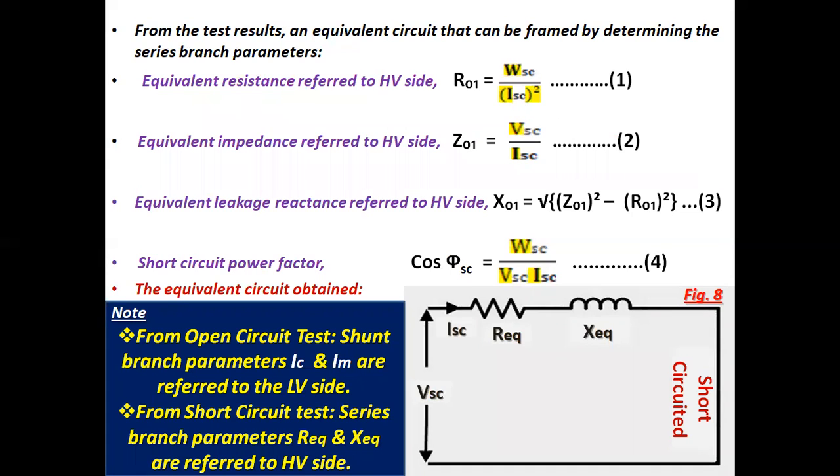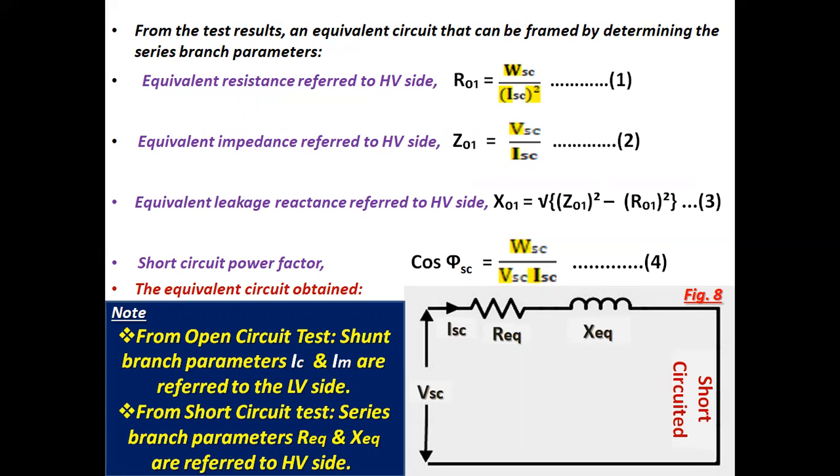One, equivalent resistance referred to HV side R01 is equal to WSC divided by ISC square. Equivalent impedance referred to HV side Z01 equals VSC divided by ISC. Equivalent leakage reactance referred to HV side X01 equals root over Z01 square minus R01 square.